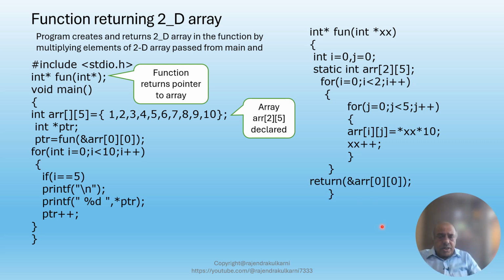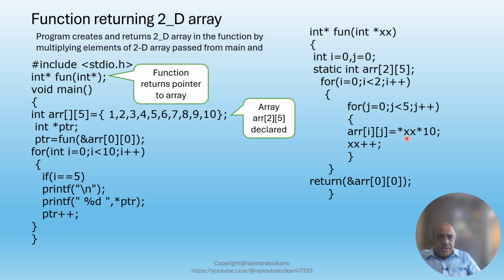And then we are returning the address of this static int ARR array, which we have declared in the function and initialized with the values star XX into 10.